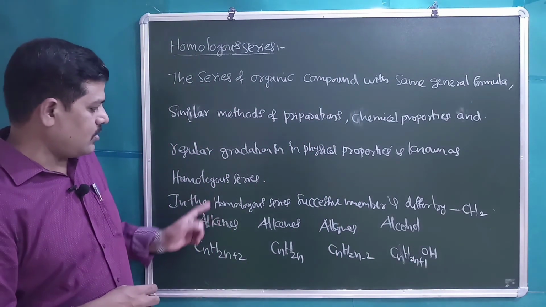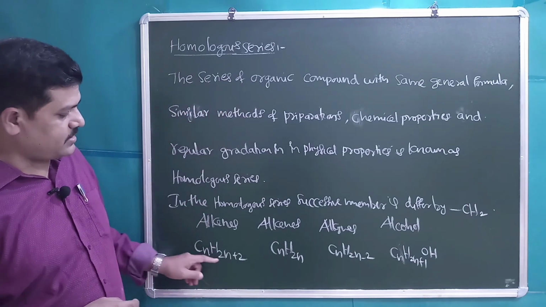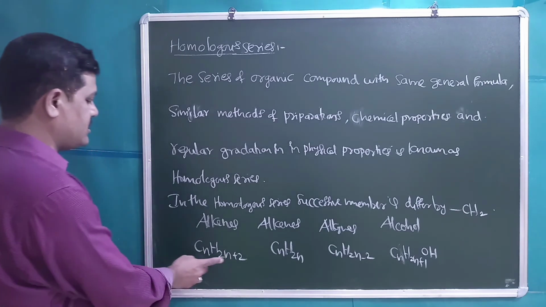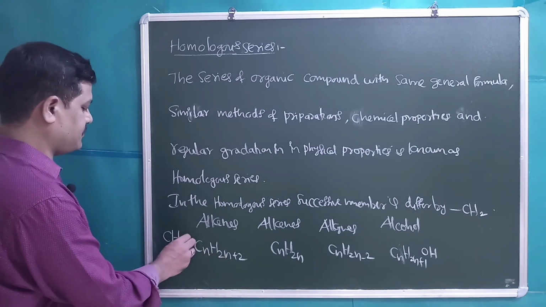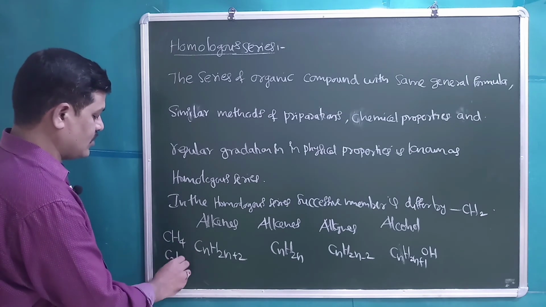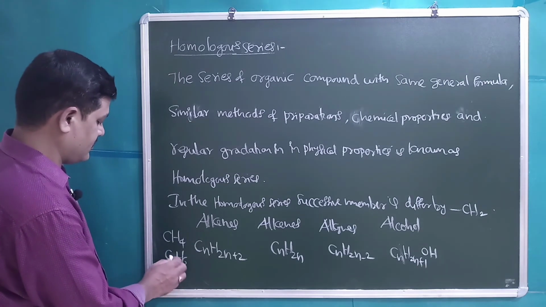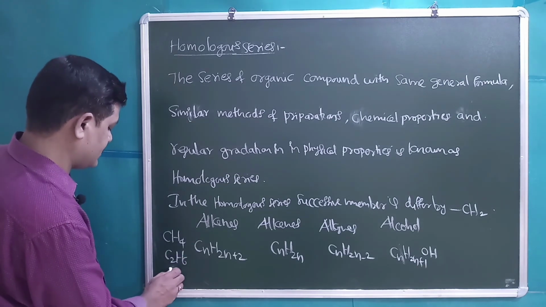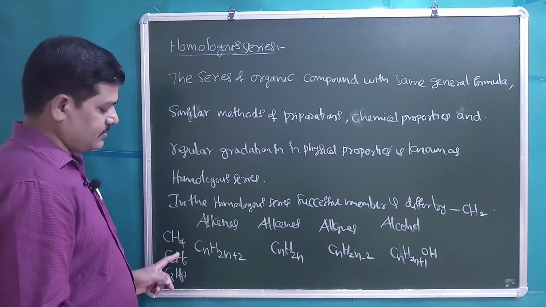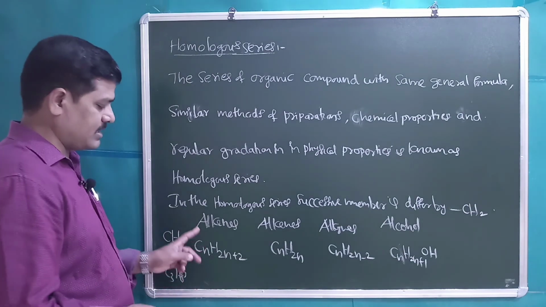Students, a homologous series is a series of organic compounds with the same general formula. If you take alkanes and substitute n equal to 1, you will get CH4. For the next compound, you add a CH2 to this, C2H6. Then to get the next compound, we add a CH2 to this, and we get C3H8. Students, these have similar methods of preparation, in general, though some exceptions are there.